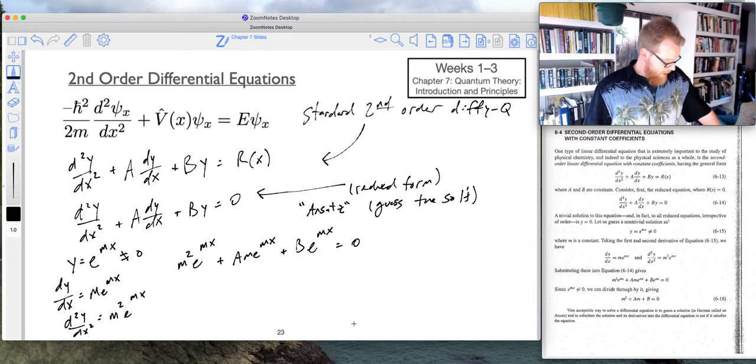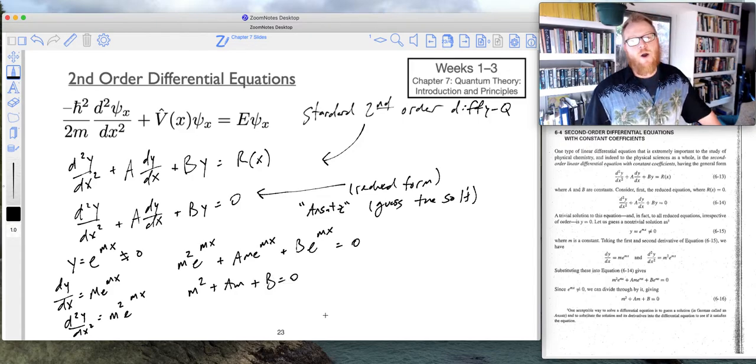Now what we can do is play a little algebraic trick. Notice here we have e to the mx in every single term. So I'm going to divide all of that out and say m squared plus am plus b equals 0.